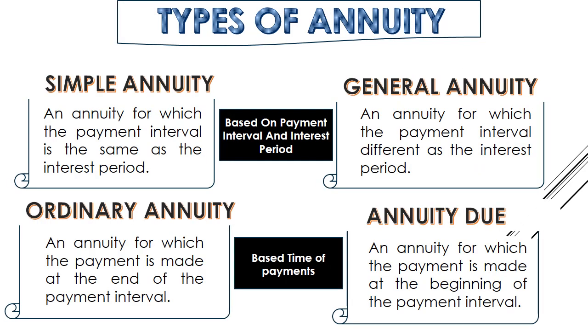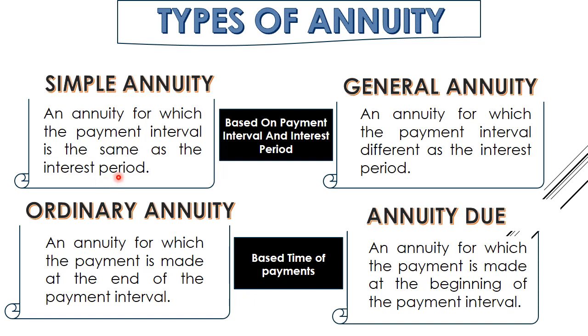There are different types of annuity if we categorize it based on the payment interval and interest period, and based on time of payments. If we have an annuity that is based on payment interval and interest period, we have simple and general annuity. It's a simple annuity if the payment interval is the same as the interest period.